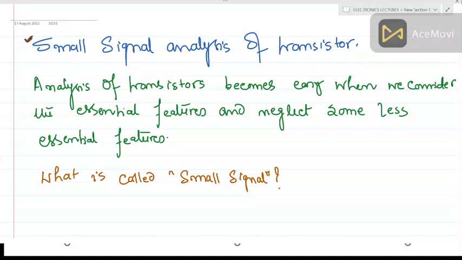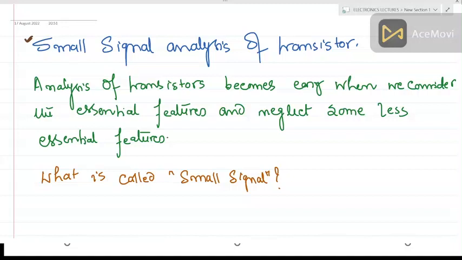Because there are many features during transistor analysis that come in front of you, but those features can be neglected for the time being. And you can conveniently do the calculations and the mathematical analysis using the essential features.